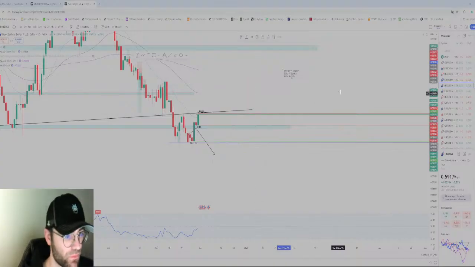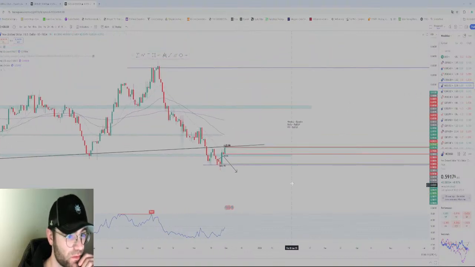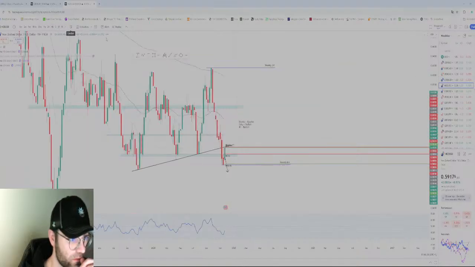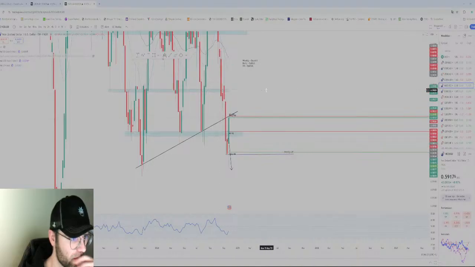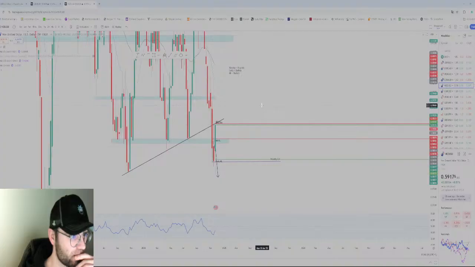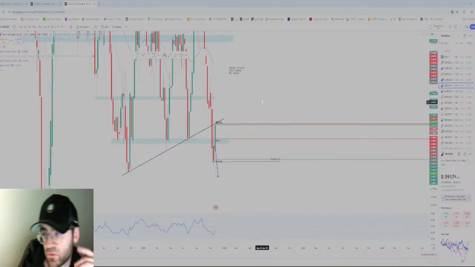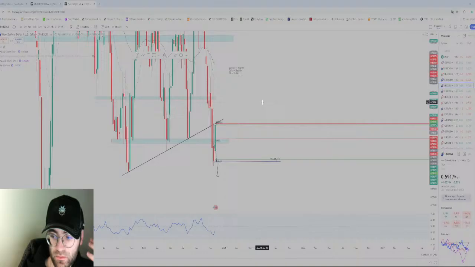Okay, so we have two time frames. Lower time frames are bullish, but there's this huge trend line here on the weekly time frame. So I'm not really sure how I feel about that.